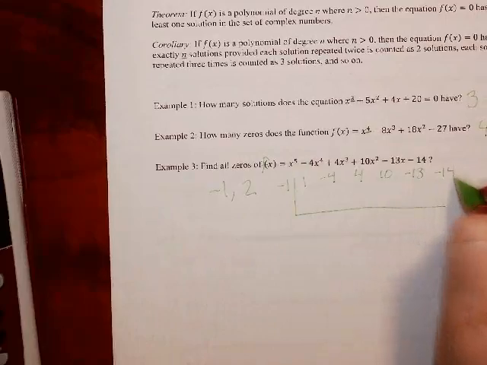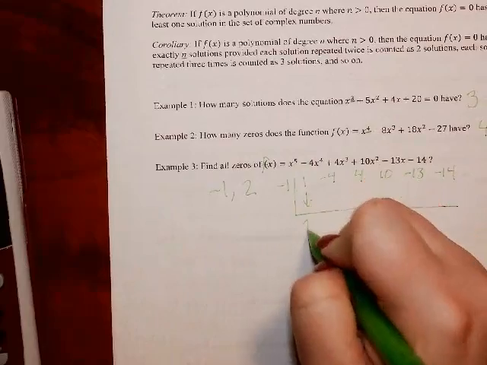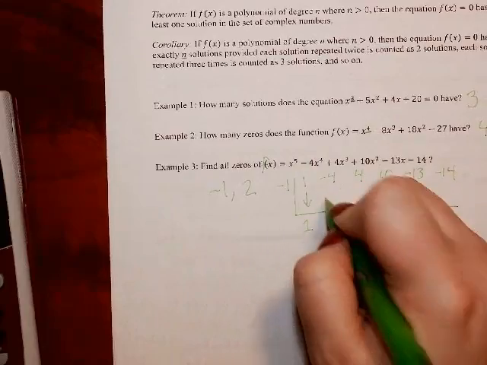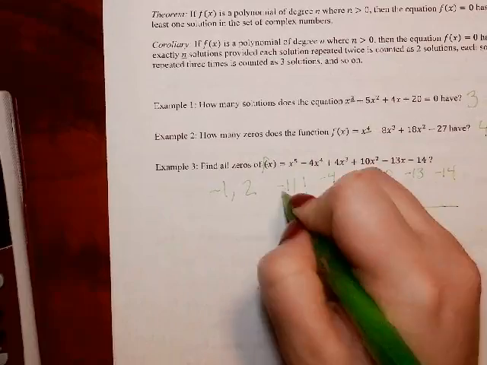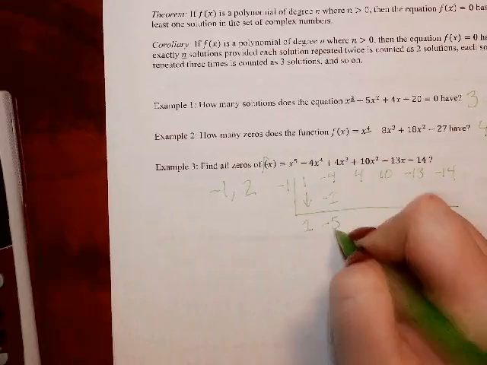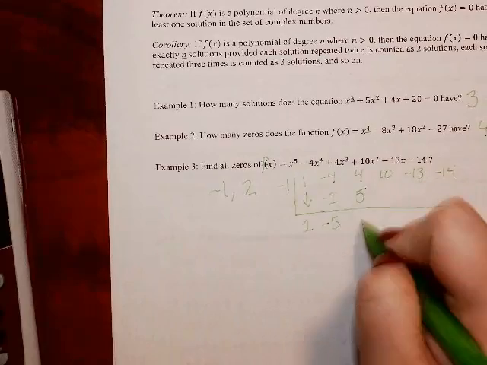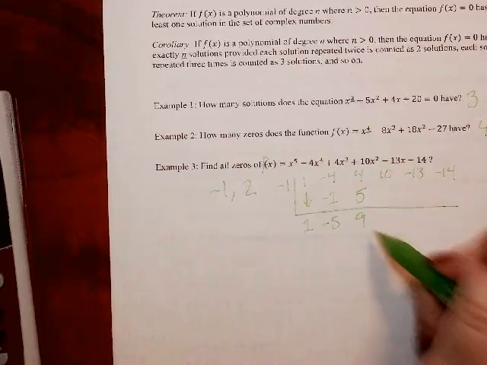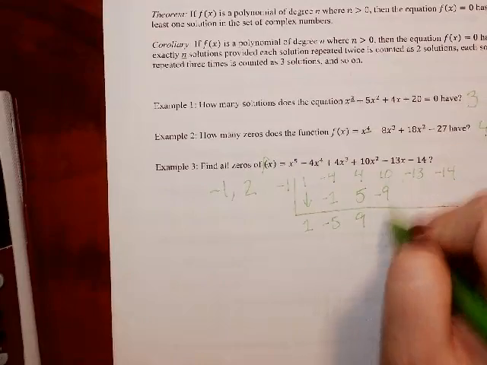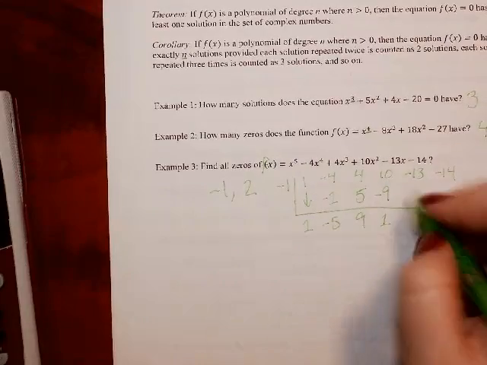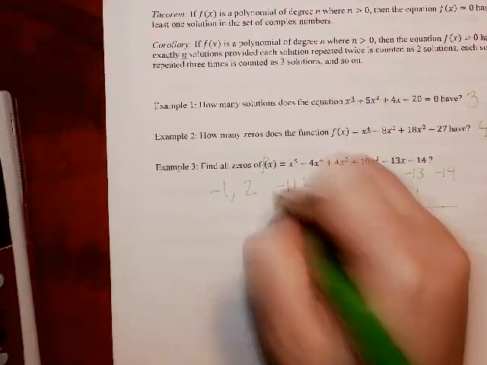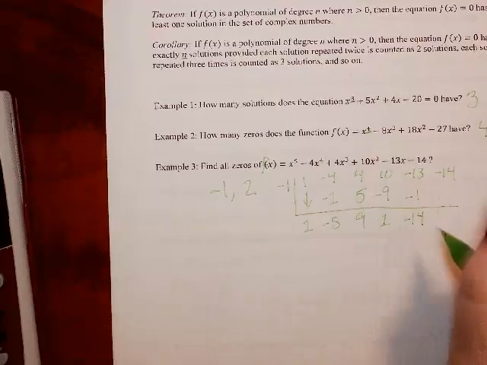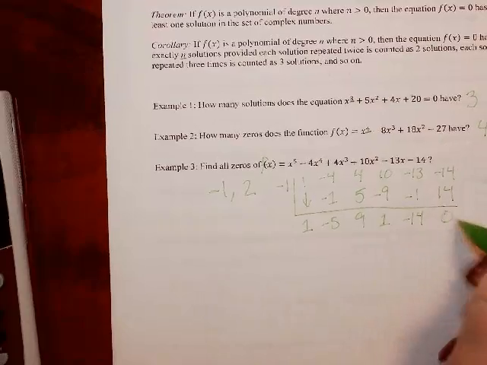So I bring down my 1. -1 times 1 is -1, then I add. -4 plus -1 is -5. -1 times -5 is +5, then I add 9. -1 times 9 is -9, add, get 1. -1 times 1 is -1, add, we get -14. -1 times -14 is a +14 and a 0. So we should get a 0 here because we do not want a remainder.